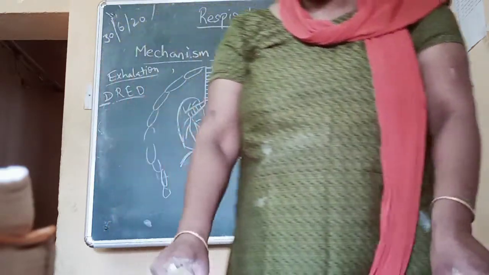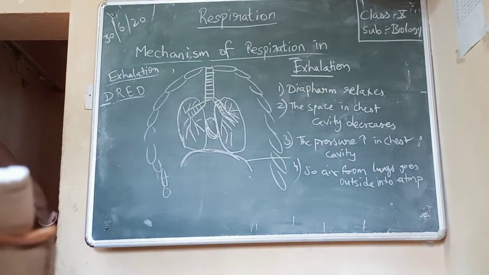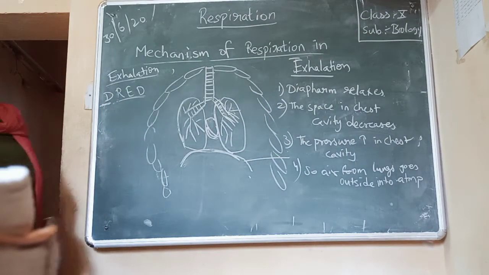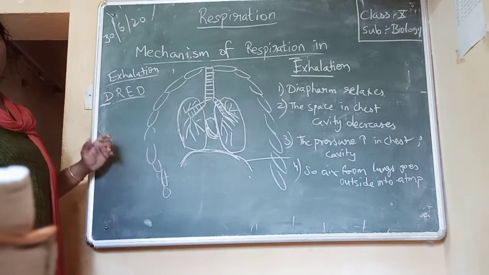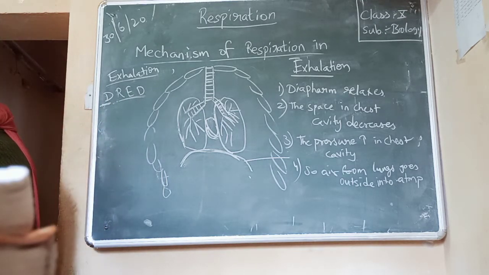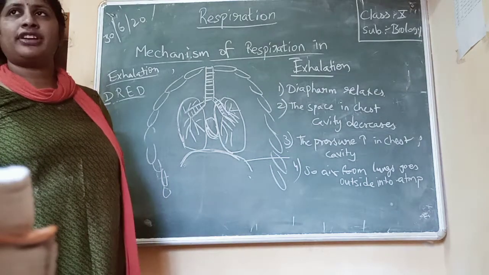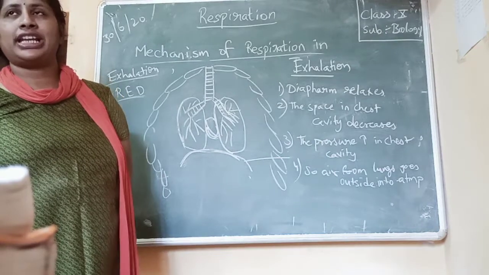Now, one more thing. The diaphragm is helping the inhalation and exhalation process. This is a very important question: what is the role of diaphragm in respiration? Diaphragm is helping in inhalation and exhalation.